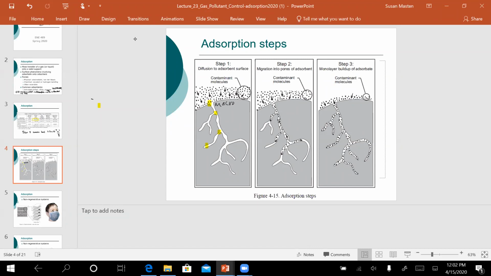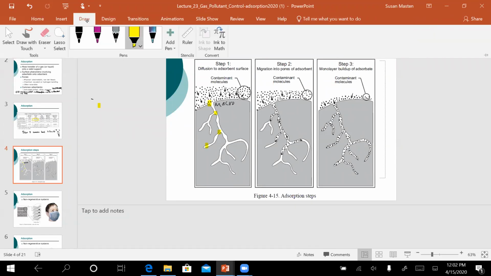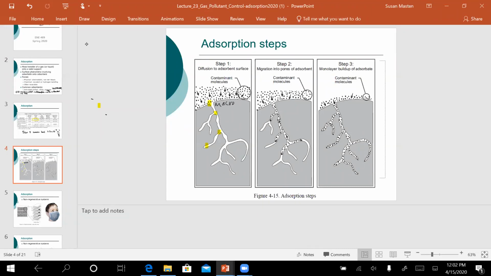So activated carbon may not look porous, but it actually is extremely porous. And these contaminants move into the pore space by diffusion. And they can eventually reach what we refer to as the micropores.